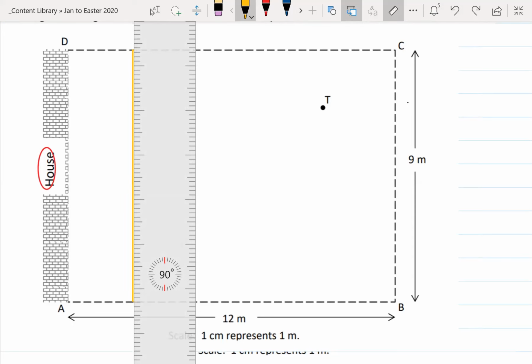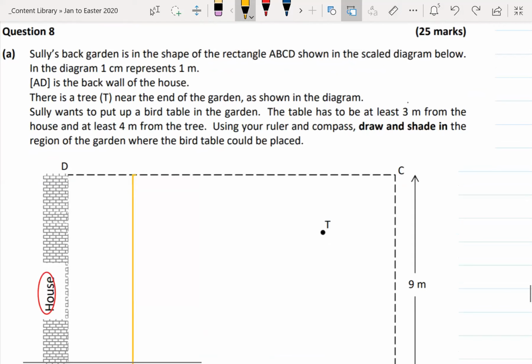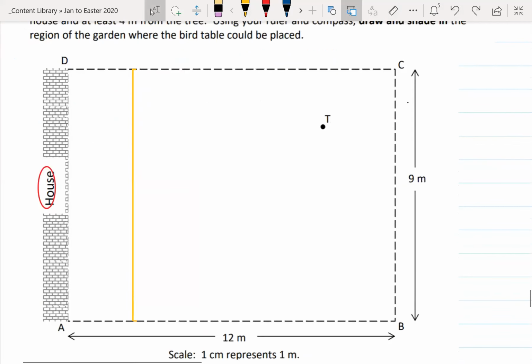Now, what's the other thing? It has to be 4 meters away from the tree. So we need to get our compass and put the point here of the compass, and then using a ruler, mark out what 4 centimeters is, and then you basically draw a circle.